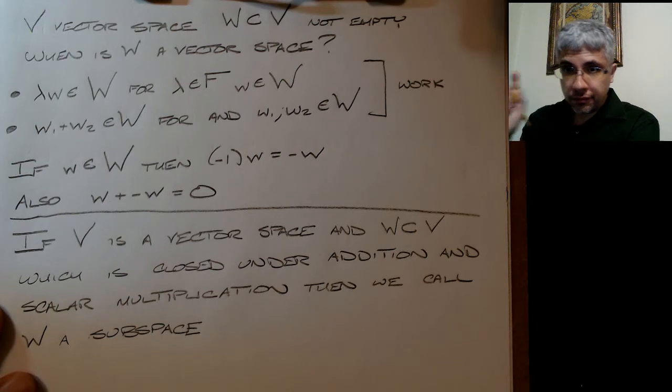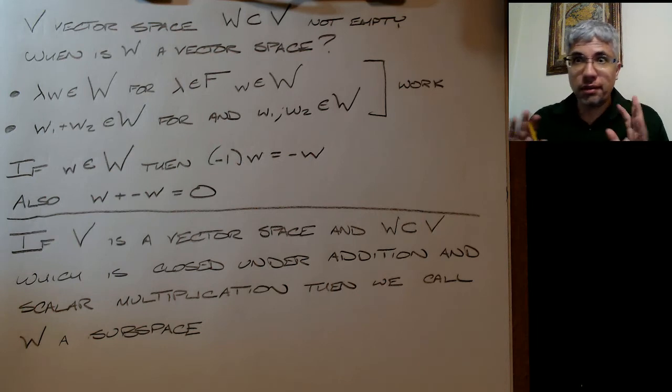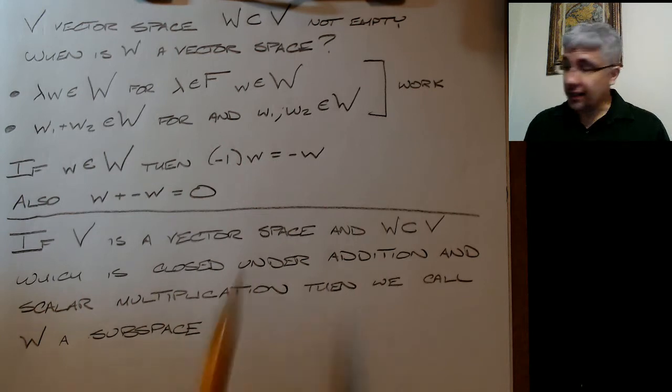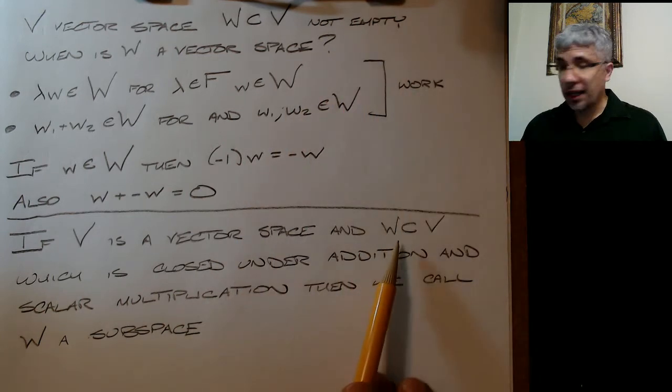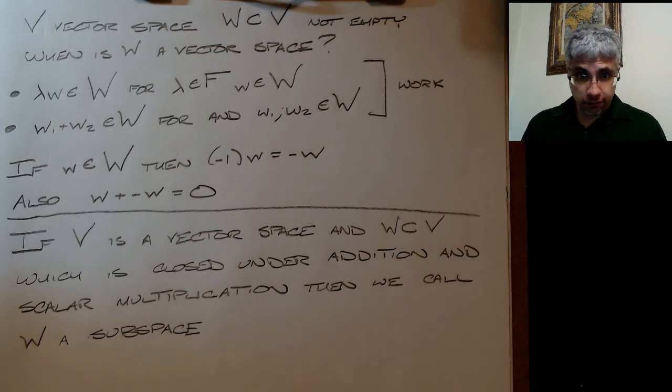Now, hold up. I've done something that I need to rearrange. You see, I have to make a choice here because we did use something. We used the fact that W was not empty. I said it wasn't empty here. So I have to either write that W is not empty, or I could add a third axiom.